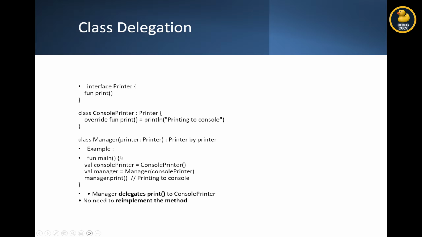Example: function main, I create an object from the class ConsolePrinter and a variable val manager equals Manager, and pass the console printer. Then I say manager.print. It will print "printing to console", the message inside this class. Manager delegates print to ConsolePrinter, and there is no need to re-implement the method again.